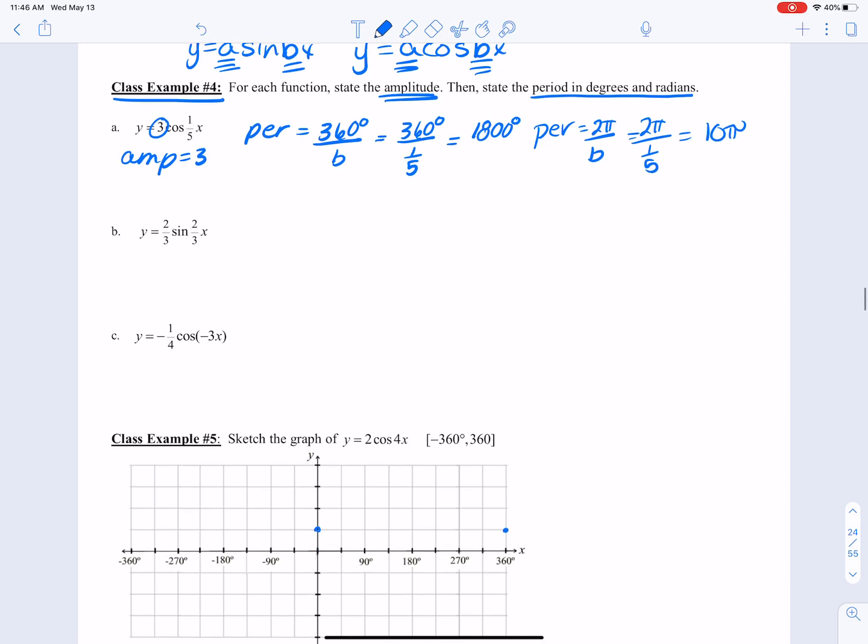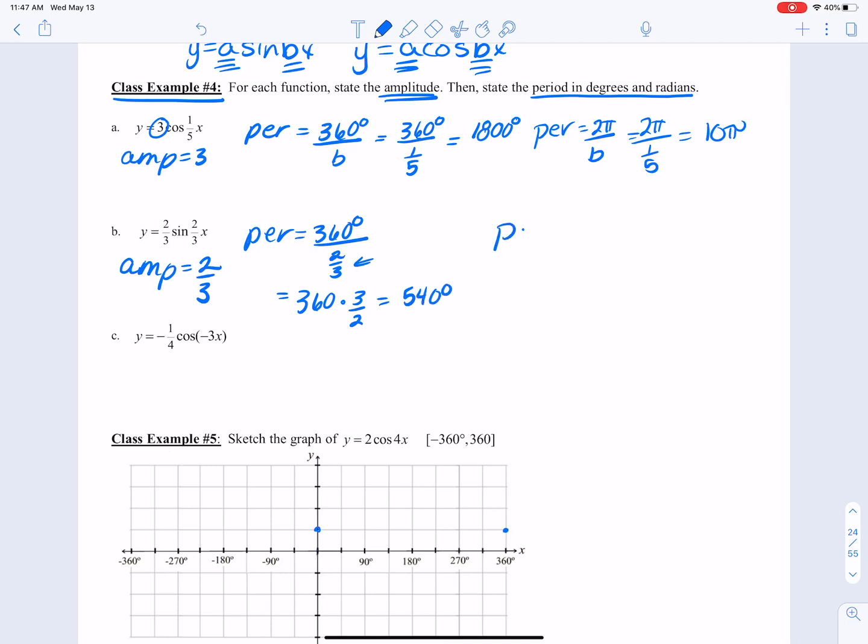All right, for part B, again, amplitude is pretty straightforward. We're just going to deal with it being 2/3. Period is equal to 360 divided by b, which is 2/3, which is 360 times the reciprocal of this, which gives us 540 degrees.